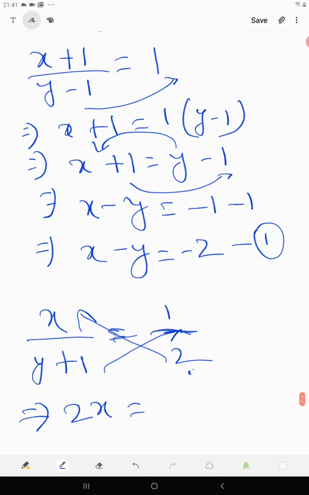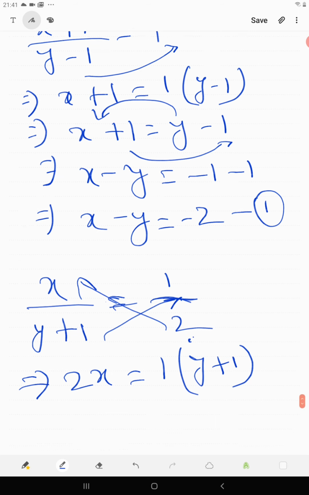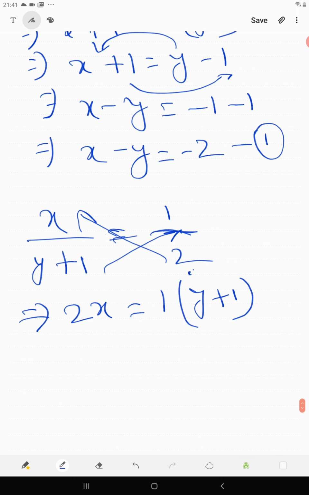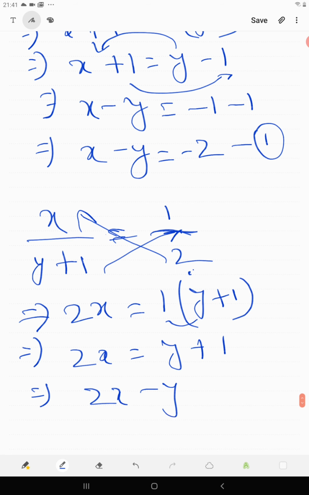And now 1 will be multiplied with the whole y plus 1. So always if you have 2, 3 terms below, and you are trying to multiply with a number, always do it in a bracket form. It will be easier. So 2x equals, now 1 into y is y, then 1 into plus 1 is plus 1. So what we are getting is 2x minus y equals 1.